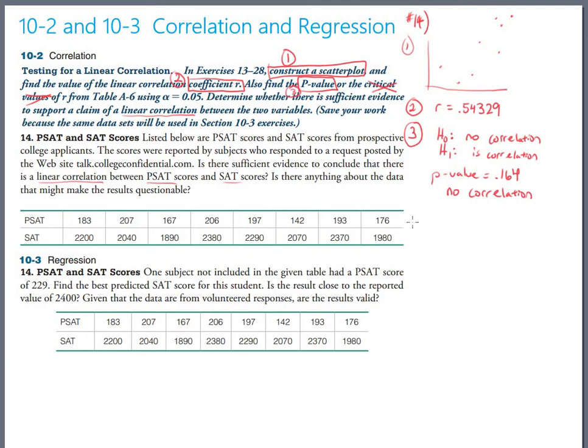And then we're not quite done because we are going to go on to the 10.3 version of this problem, where they ask you to find a predicted score. So that'll always be number 4 for us. Number 4 says one subject not included had a PSAT score of 229.